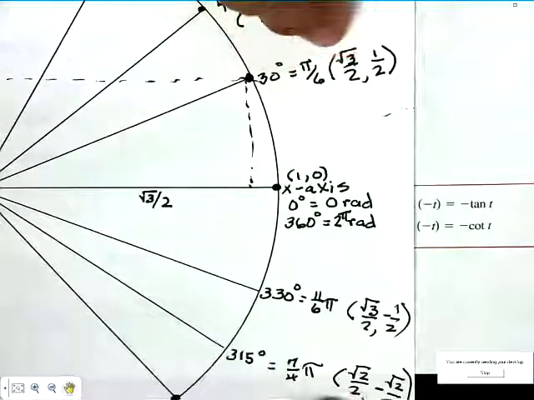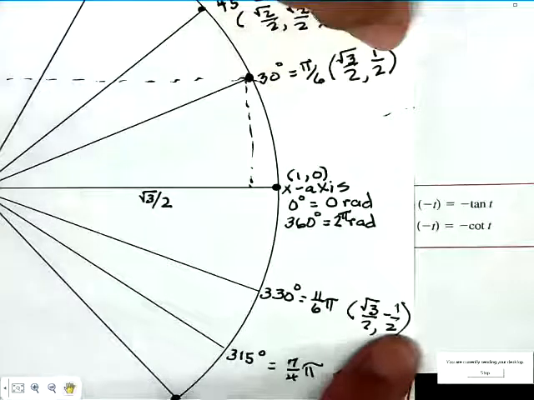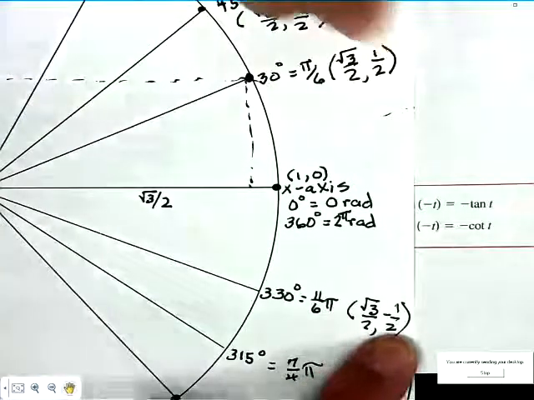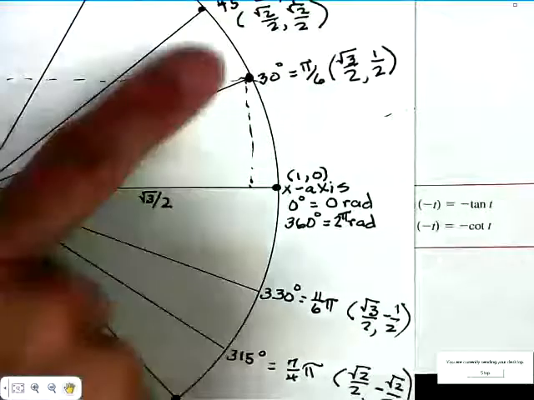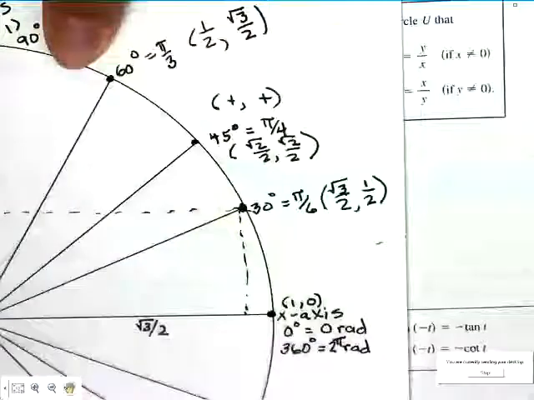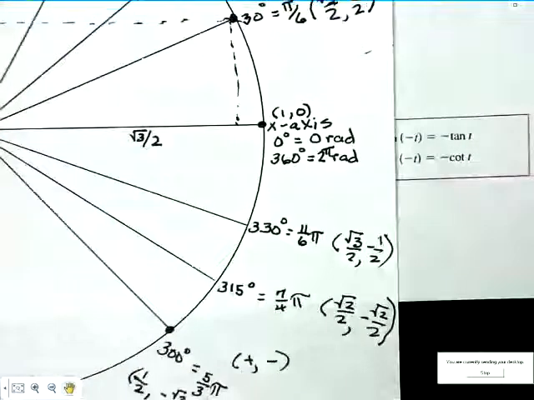The X's stay the same. The Y's are opposites, right? Let's check that out for 60 degrees, counterclockwise or 60 degrees clockwise. I can get it all on here.